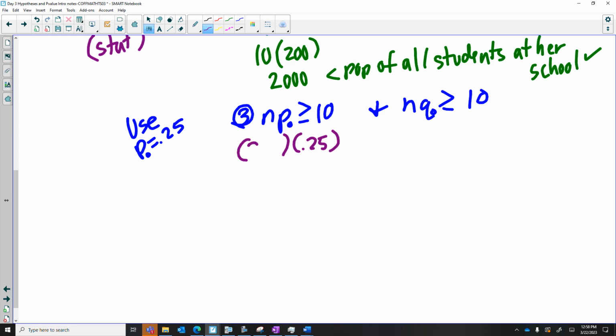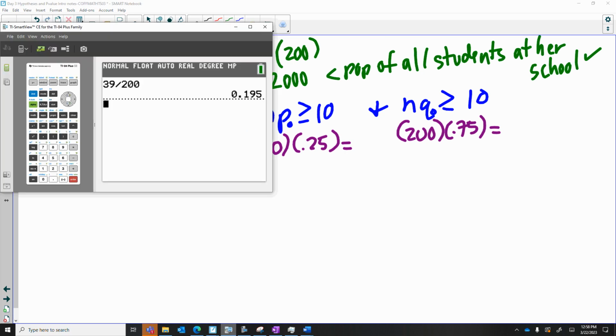So we're going to do 200 times 0.25, and 200 times 0.75, and write what we get and see if that is greater than 10, which it will be. 200 times 0.25 is going to be 50, and 200 times 0.75 is going to be the complement of that, 150. So those are bigger than 10.